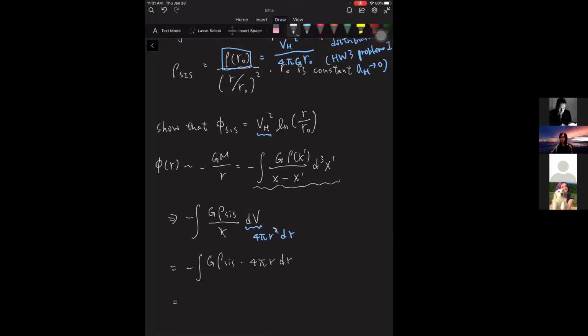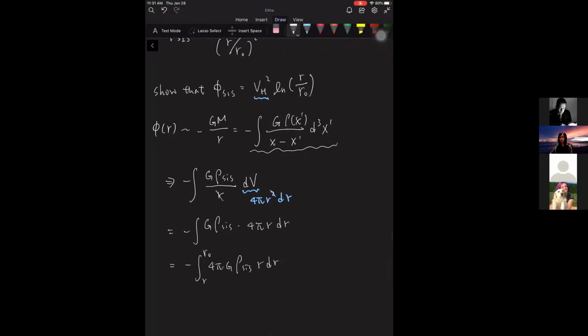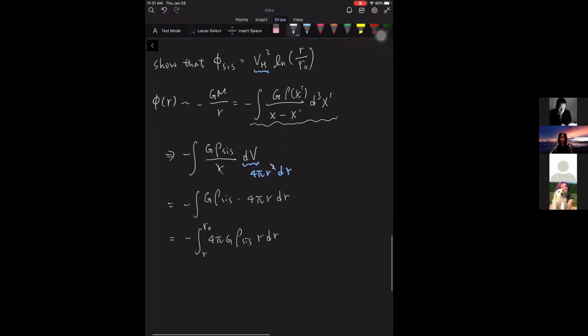And so we will have negative 4 pi G rho. I'm just writing this again, and the integration should be from R to R0. So in this integration, the only relevant term should be the R, right?